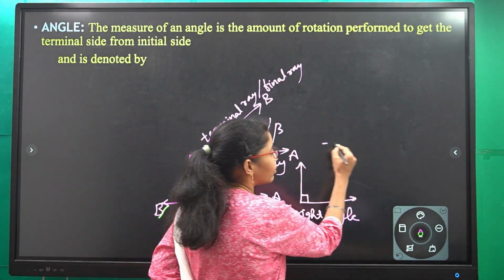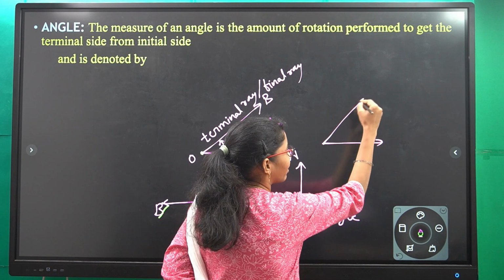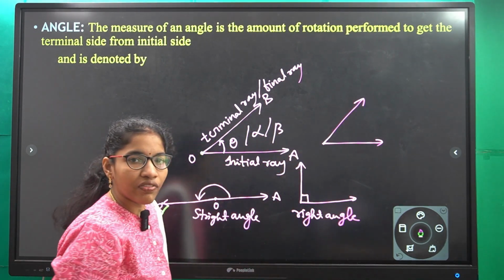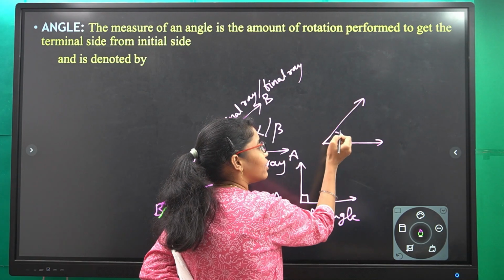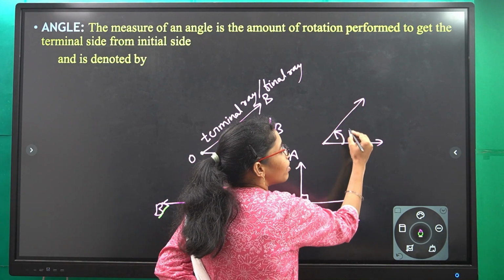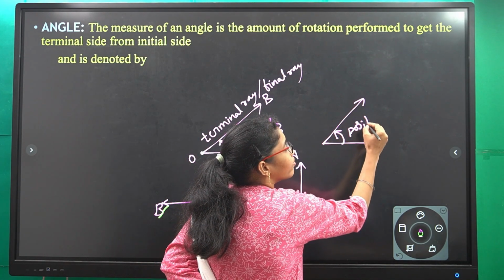Suppose I am measuring the angle in the anti-clockwise direction, right? This is the initial ray and this is the terminal ray. If the measurement of the angle is in the anti-clockwise direction like this, you can call it a positive angle.